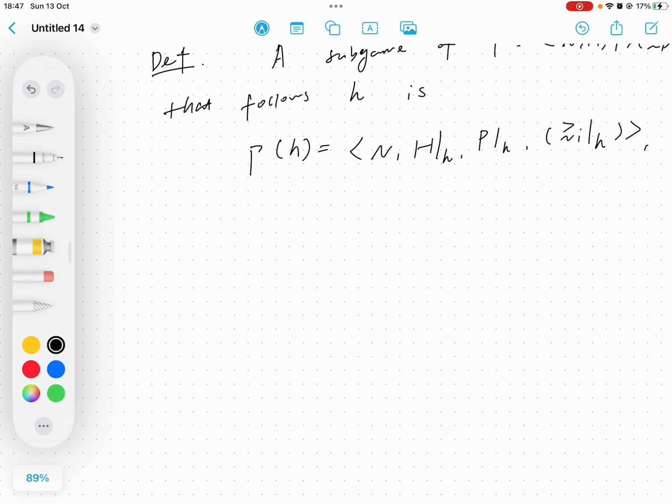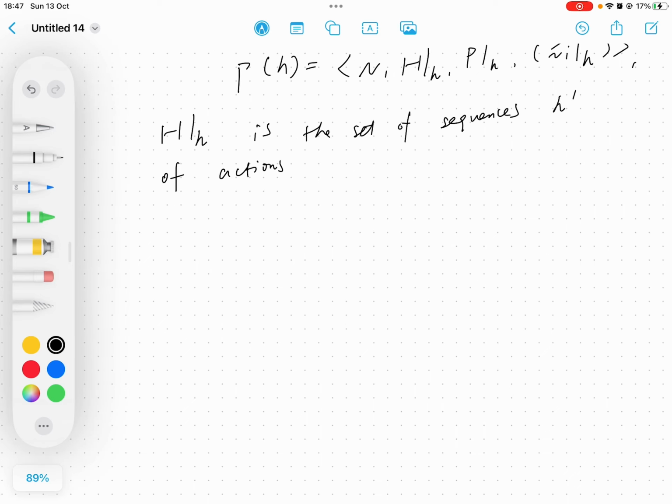Okay, so where H following some history h is the set of sequences h prime of actions for which the history h and h prime is in H. Okay, so this history h and h prime together is also an element in H, right? So this longer one.